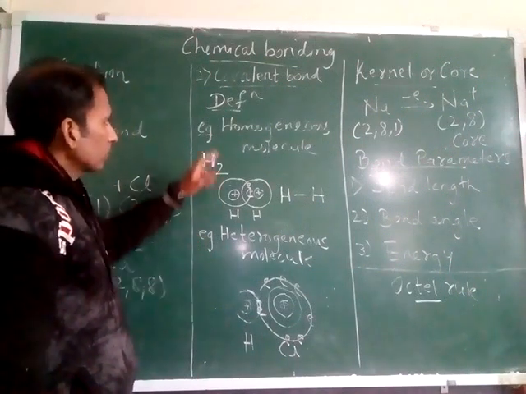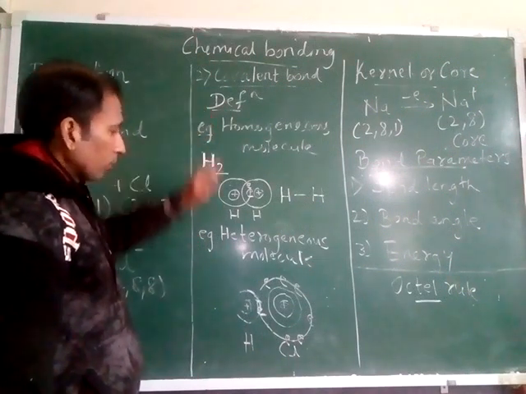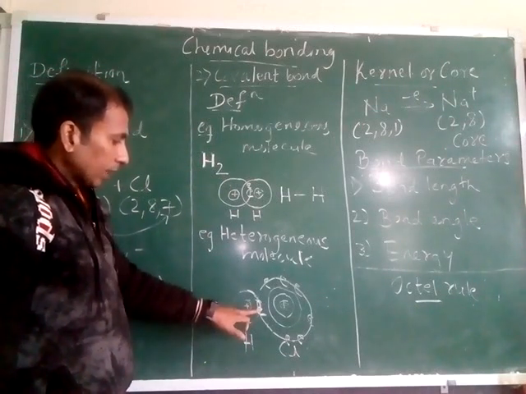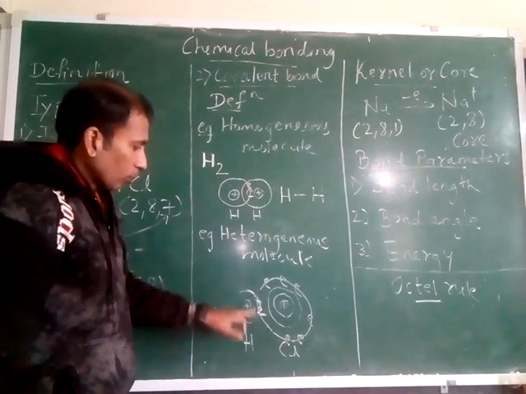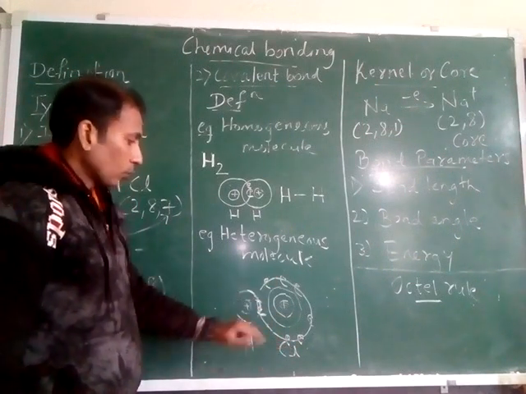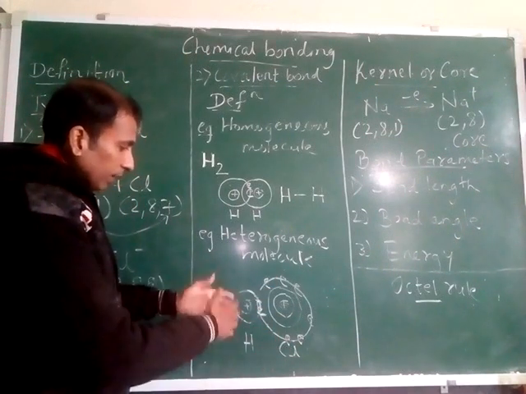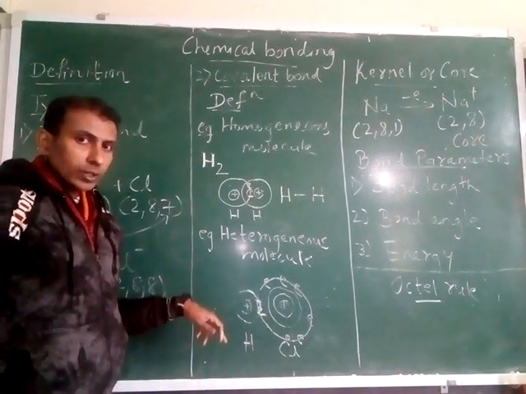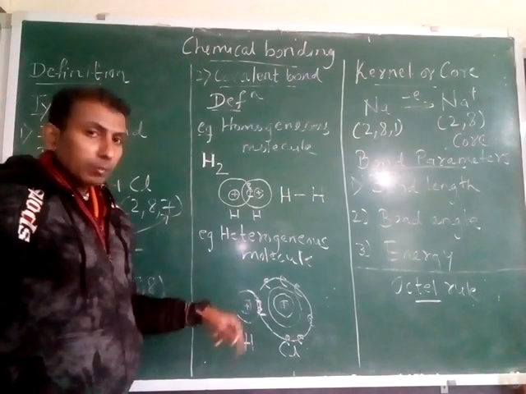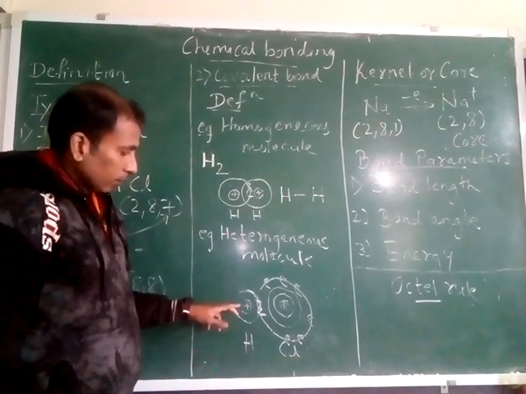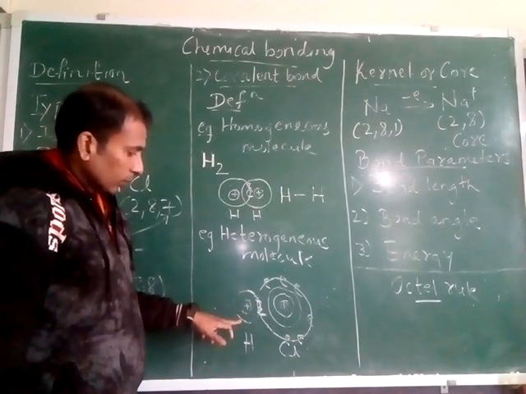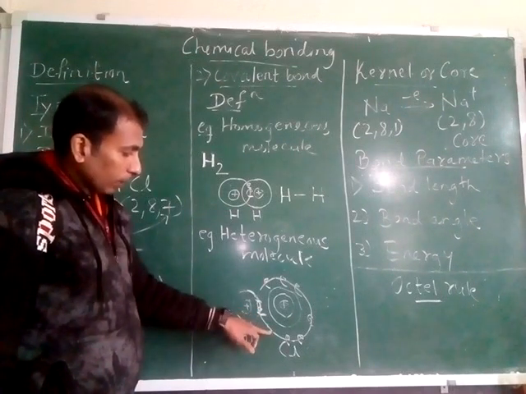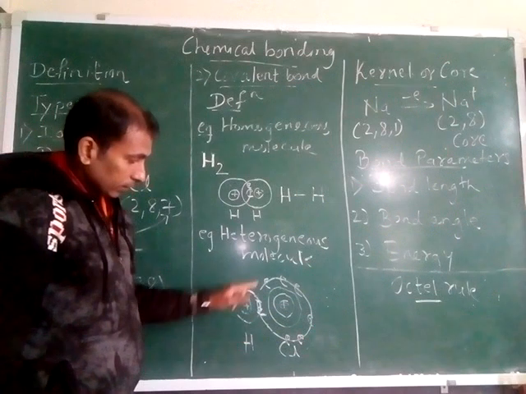Heterogeneous molecule, example for the covalent bond formation. Here we have HCl. So hydrogen 1 electron and chlorine outermost shell 7 electrons, that you know. Okay, so they will share these 2 electrons. Hydrogen will complete its duplet and chlorine will complete its octet.